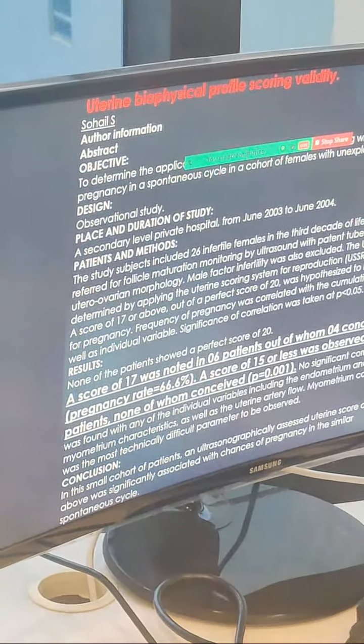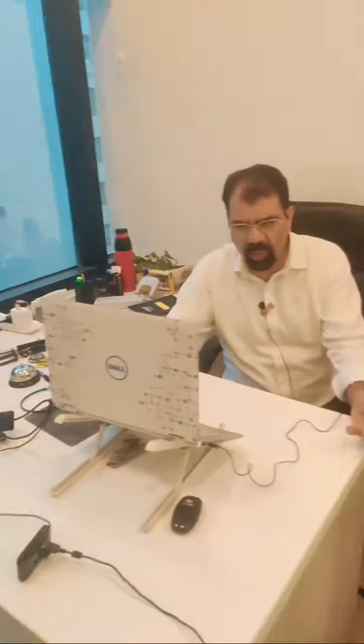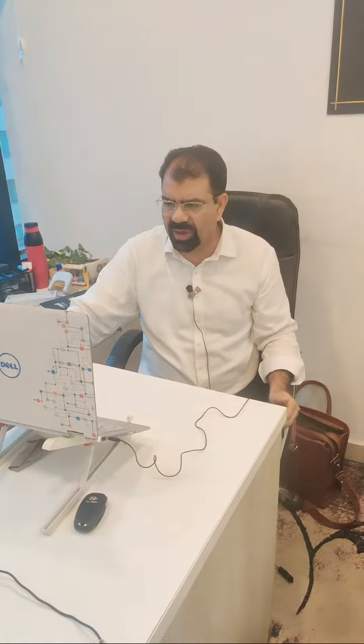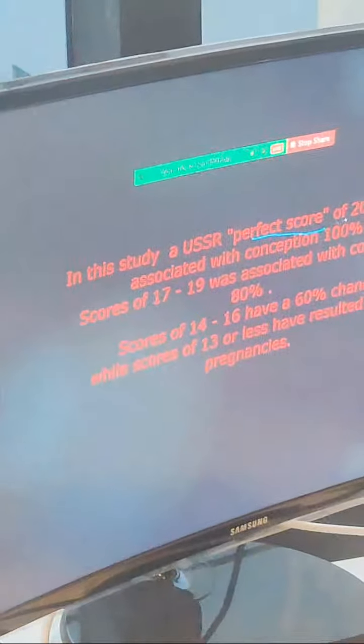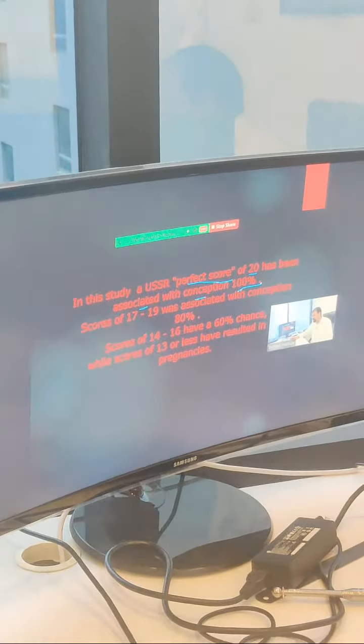There has been a study. This is a very big, long study. I'm giving you the moral of this study. The moral of this study was that a perfect score of 20 was associated with conception of 100%.